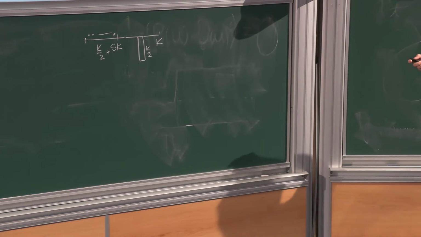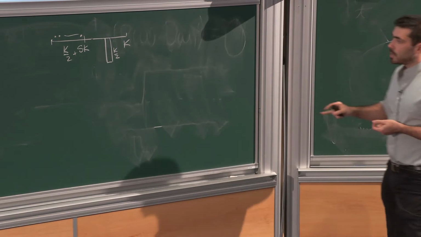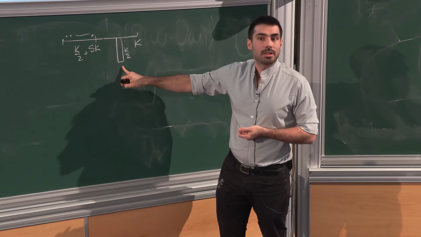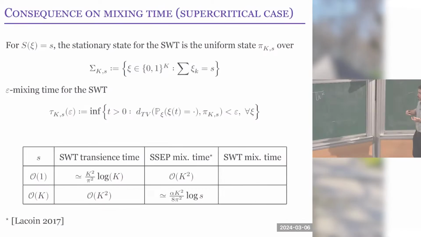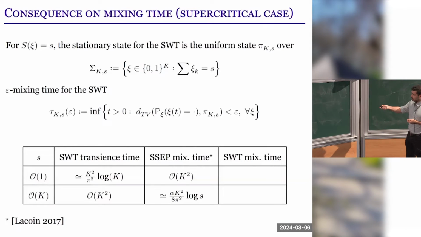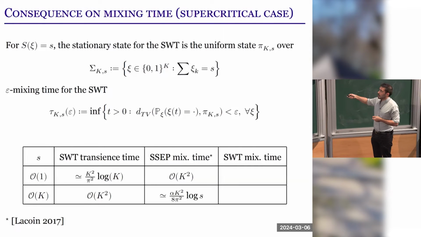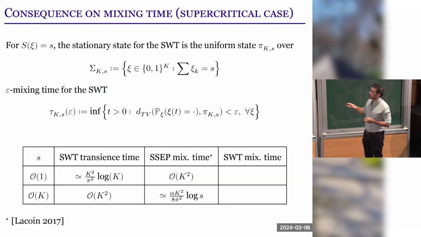As it happens, in this case the transience time is much faster, because you have many more choices regarding the particles that are ultimately going to fall into the trap. So you're introducing some entropy here. The transience time is now going to be of order k squared, so it's diffusive. But the mixing time is now of order k squared log s, and s is of order k.